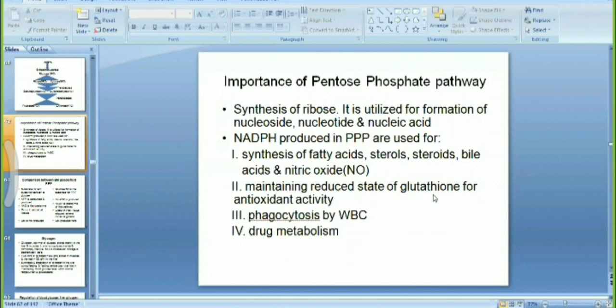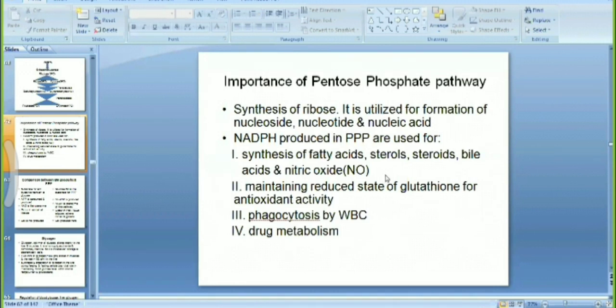It maintains the reduced state of glutathione for antioxidant activity. Very important. Again, it is required for phagocytosis by the WBC. NADPH is also required for drug metabolism. These are the important uses of pentose phosphate pathway.